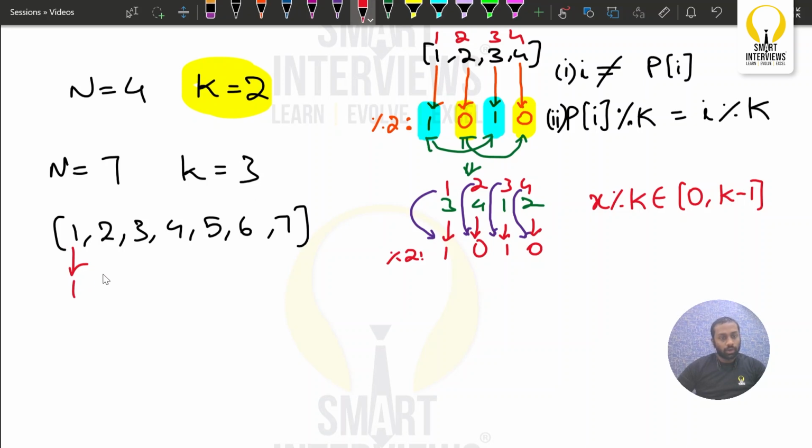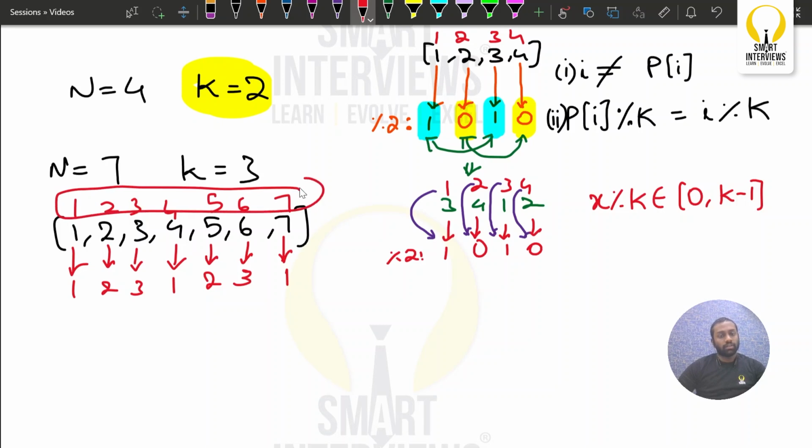That is 1, 2, 3, then 4 is 1, 5 is 2, 6 is 3, 7 is 1. Yes, the indices and the values have the same remainders, so the second condition is satisfied, but the first condition is not.